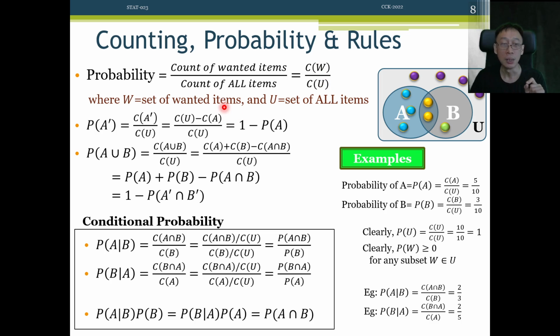Let's try it out. We have seen this before, or it is easy to understand: what is the probability of the complement of A? That means what's the chance that I pick a ball and the ball is not inside A? That means all these outside balls.